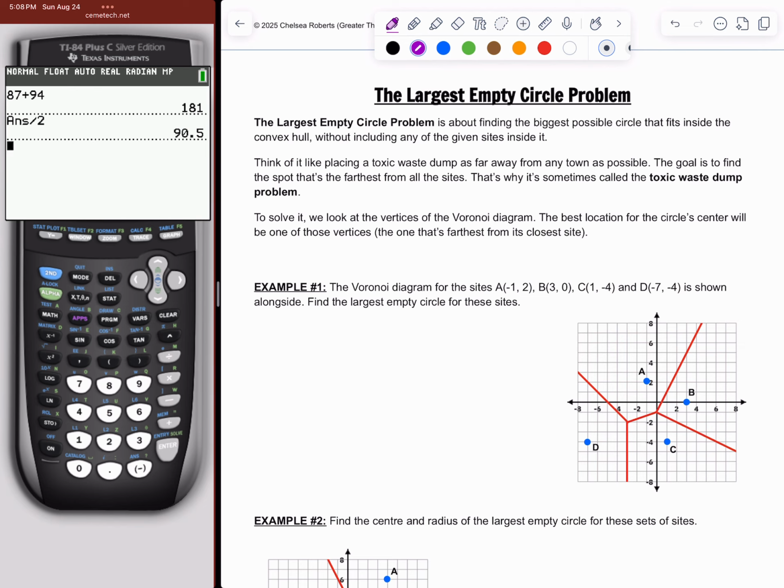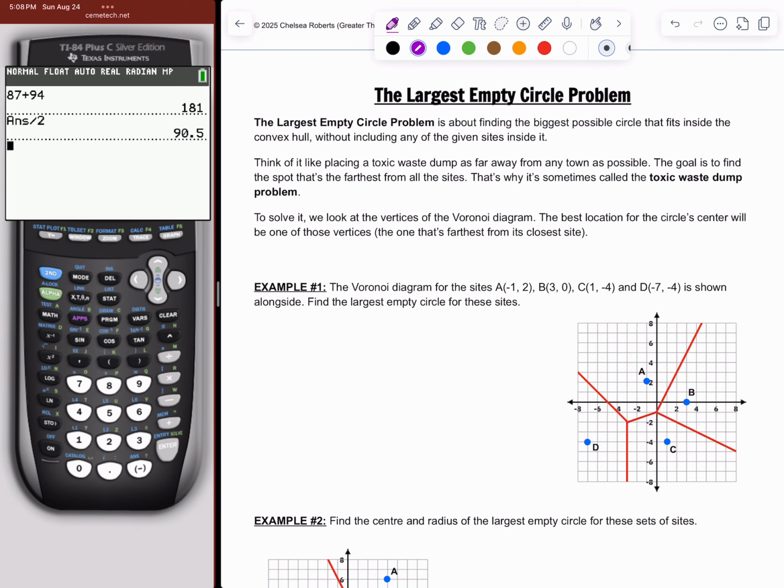Think of it like having a toxic waste dump or a toxic landfill that you are trying to put in the middle of some cities, but you don't want any of the cities to be affected by the landfill. So those cities need to be outside of the radius of that landfill so that no chemicals or anything will pollute the air.